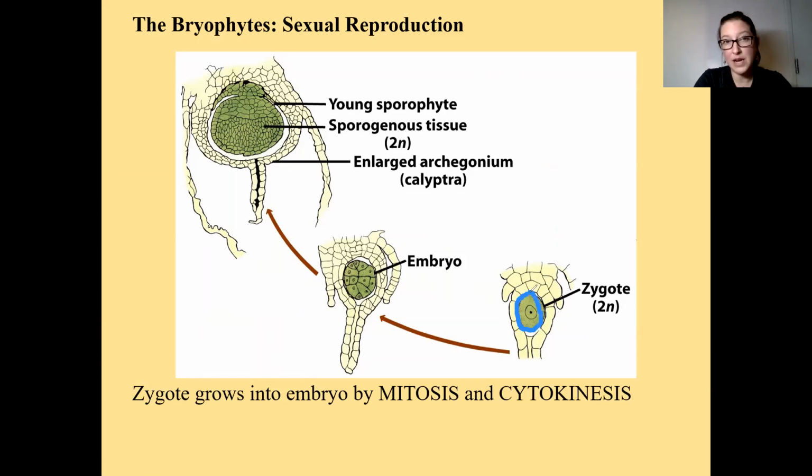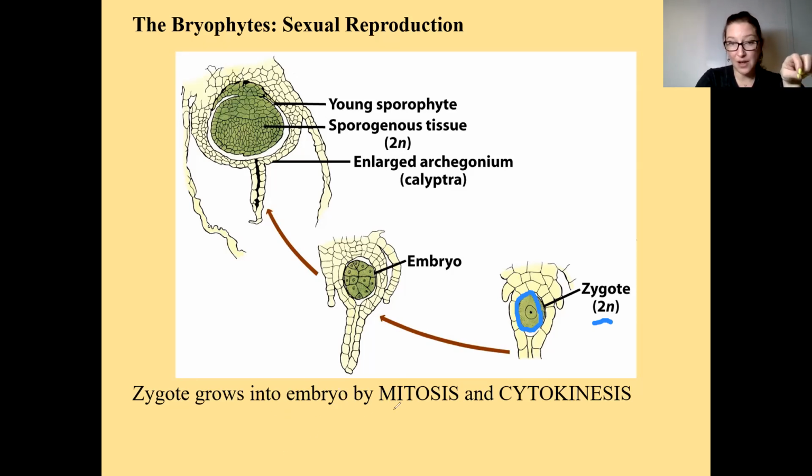The darker green in these diagrams refers to a diploid, or 2N thing, whereas the lighter yellow color refers to a haploid thing, in this case parts of the gametophyte plant. So here's your 2N zygote, because you just had fertilization occur: egg plus sperm, 2N zygote, the beginning of the sporophyte plant.